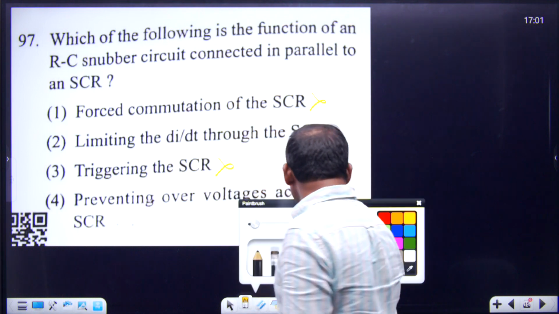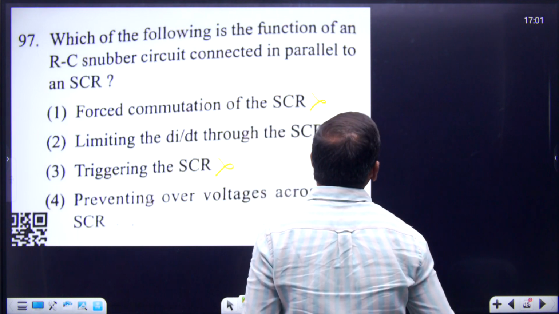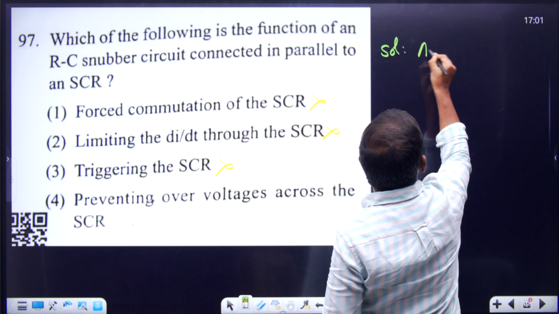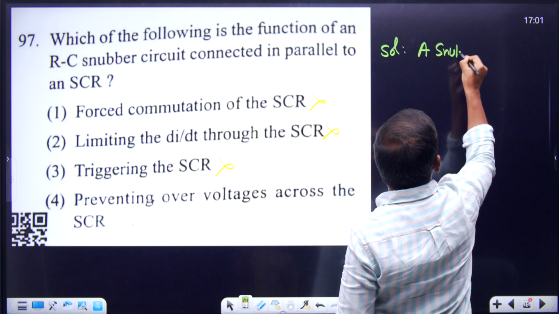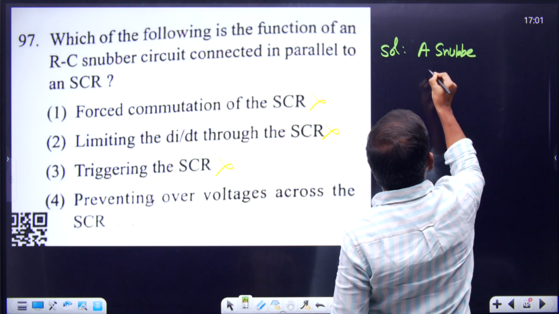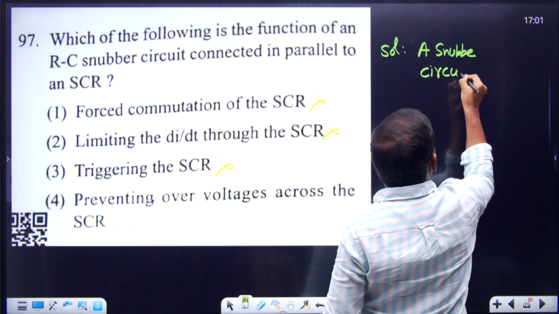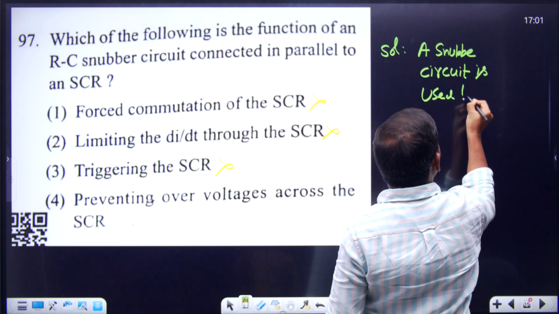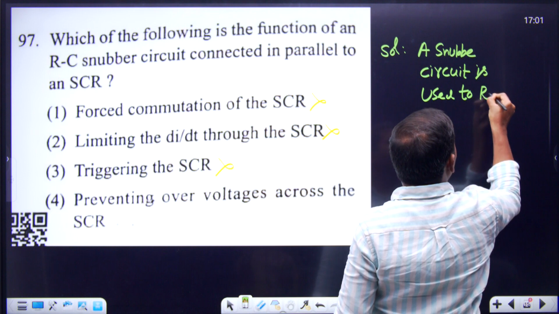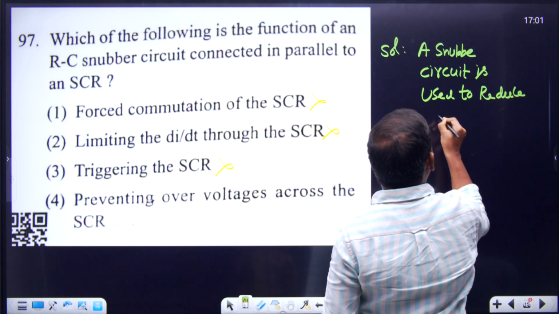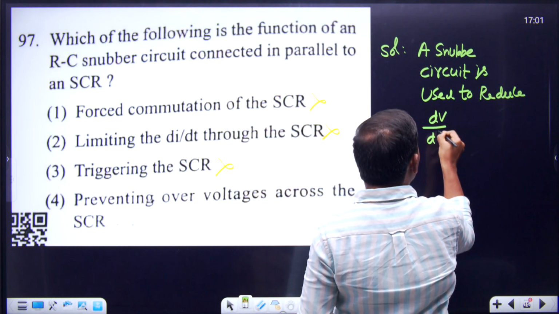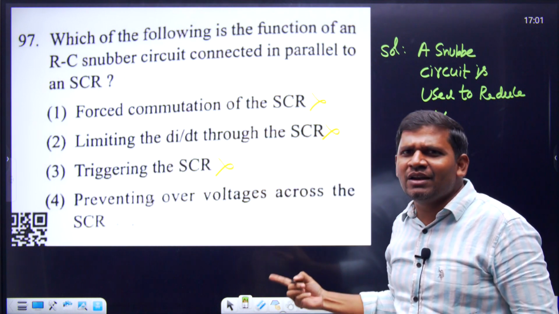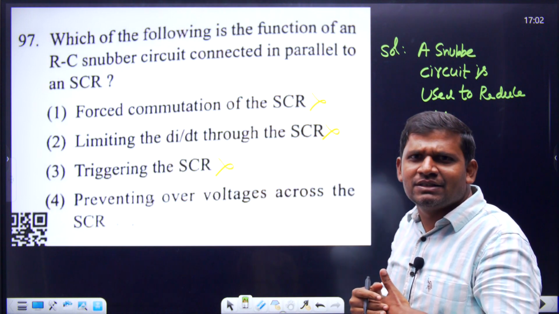Actually we know this one, students, all of you know this statement well. A snubber circuit, an RC snubber circuit, is used to reduce the dV by dt. But instead of dV by dt, they have given the statement as over voltages across the SCR.